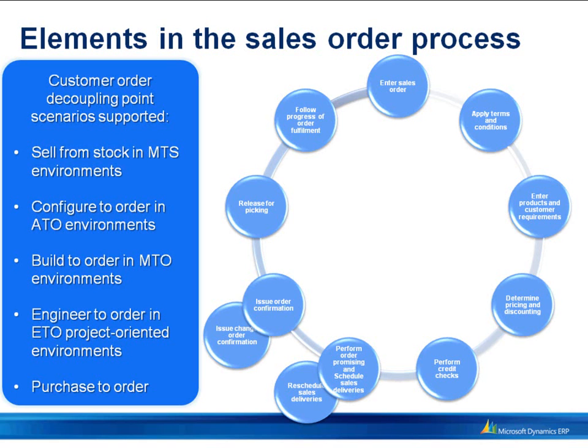Now, in order to explain that, let me give you a couple of examples. In a typical sell from stock environment, basically the sales order process high level consists of the following steps and tasks. Order entry, which is basically enter the sales order, apply terms and conditions, enter products and customer requirements, determine pricing and discounting, and perform credit limit check, perform order promising, and schedule sales delivery.